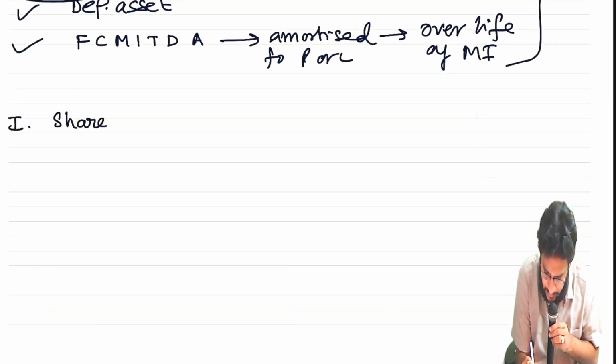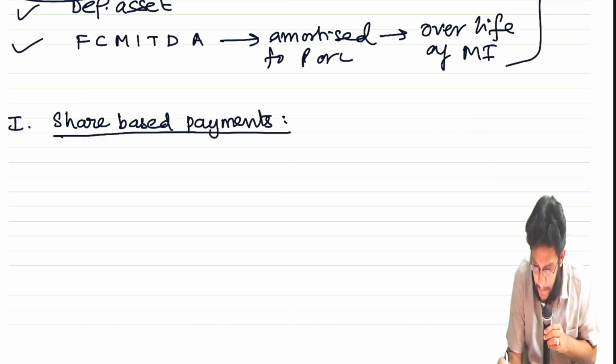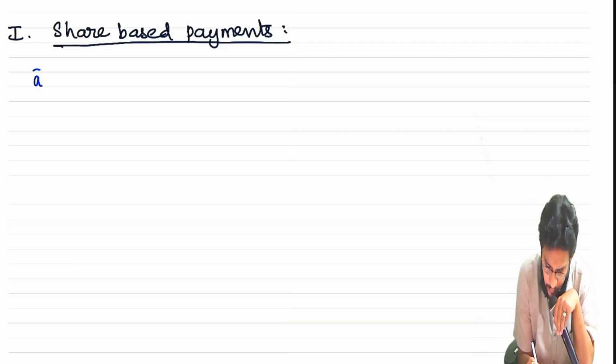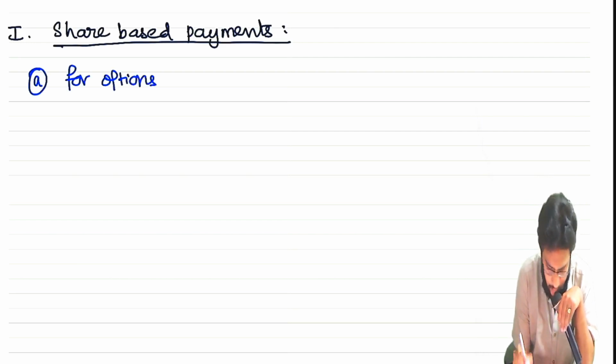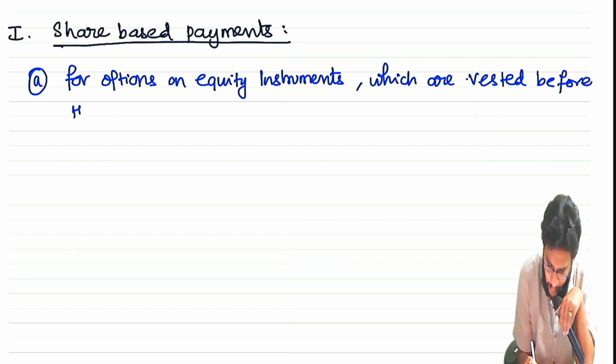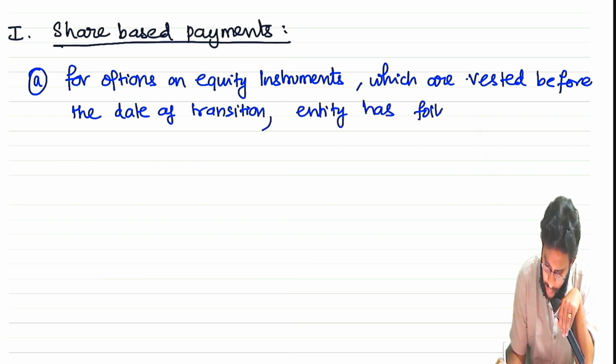First one, share-based payments. For options on equity instruments which are vested before the date of transition, the entity has the following choices.